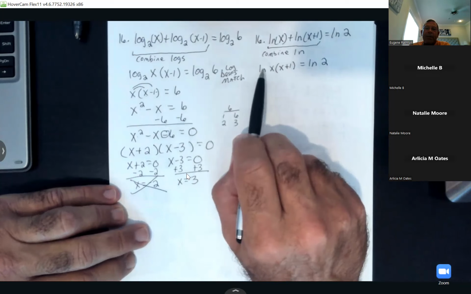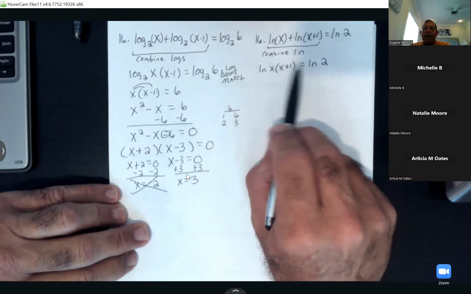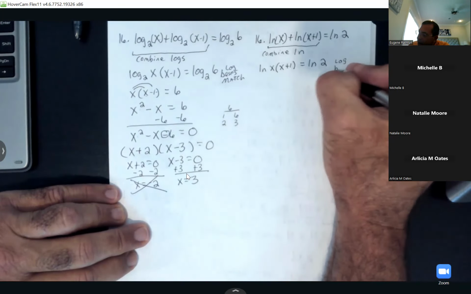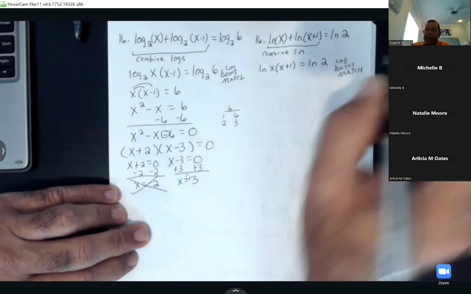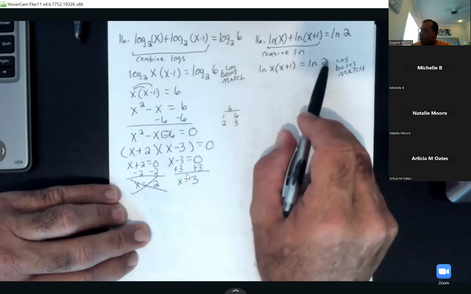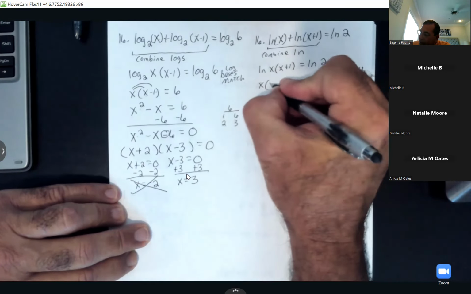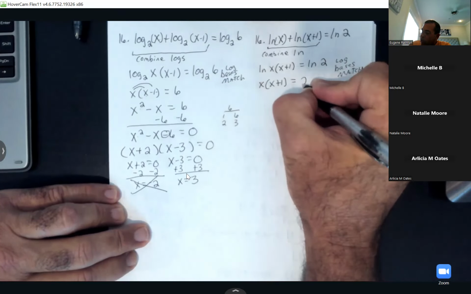Well, remember, LN is the log base E. So my log bases match. So since the log bases match, that means this result equals that result. So the x times x plus 1 will equal 2.